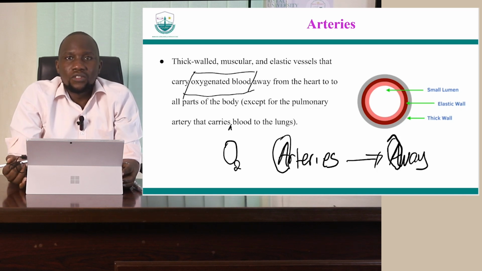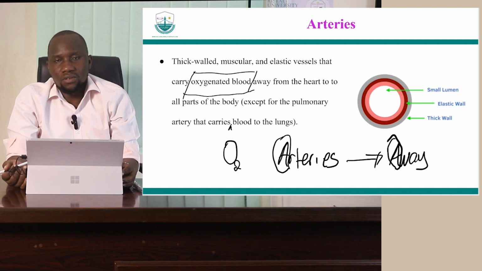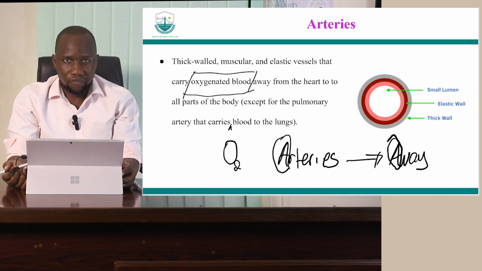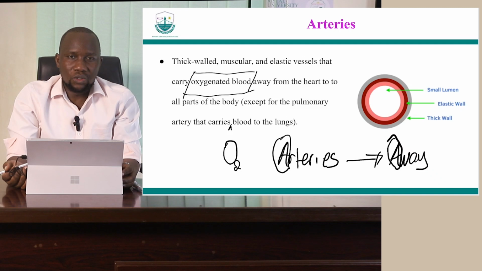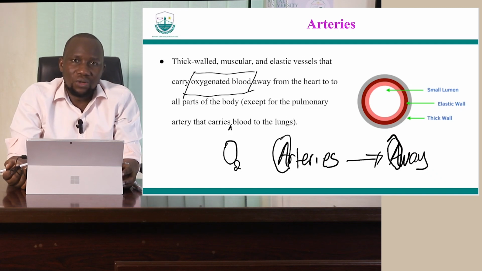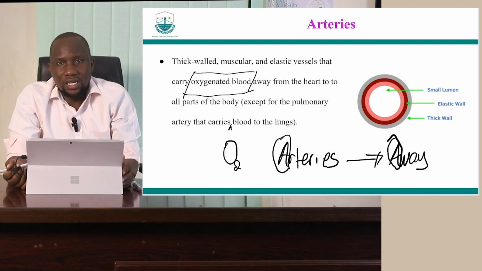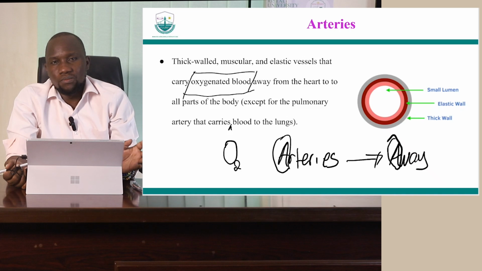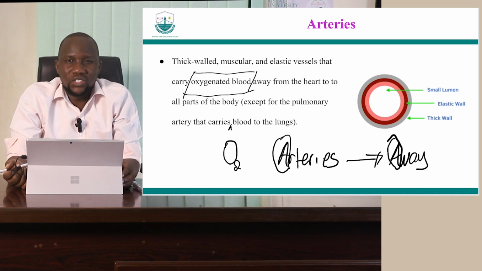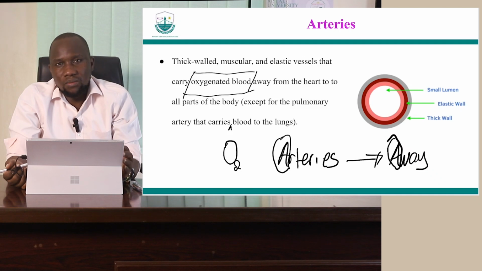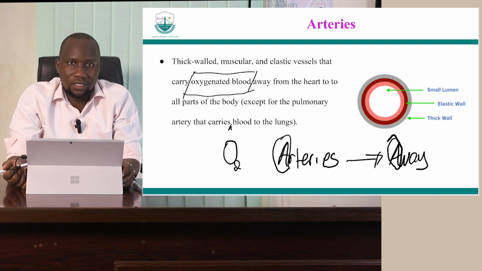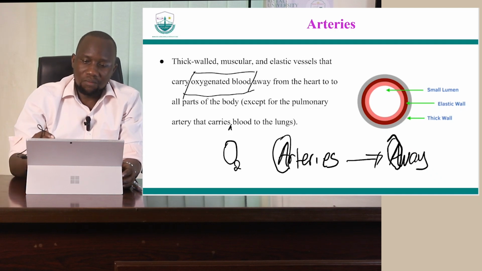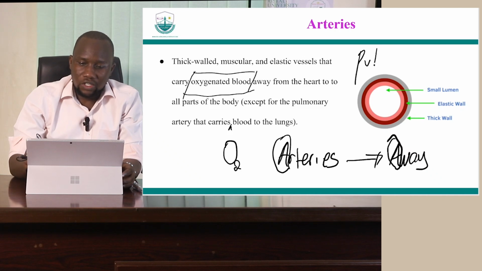So this is to say that this blood is not rich in oxygen, it's actually rich in carbon dioxide, and has to be taken to the lungs for oxygenation to happen. That blood moves from the right ventricle into the pulmonary artery to be taken to the lungs for oxygenation, in what we term as pulmonary circulation.